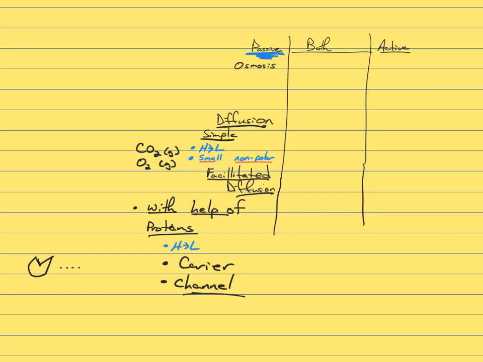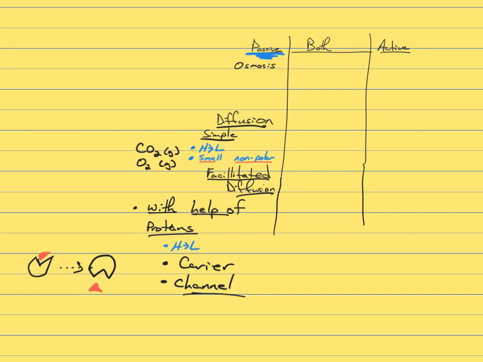Something looks like that, and over time, if this is outside obviously, the protein will actually change shape and move like this. So now that charged or polar particle is now inside. Does that make sense? It literally takes it and brings it inside.